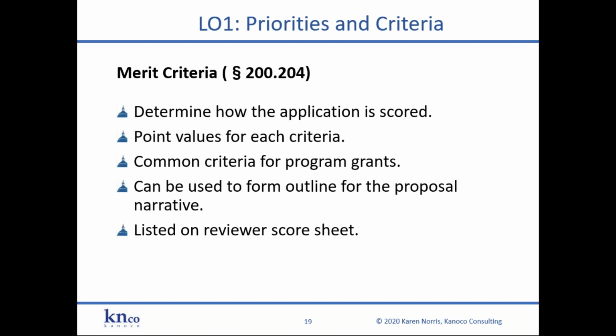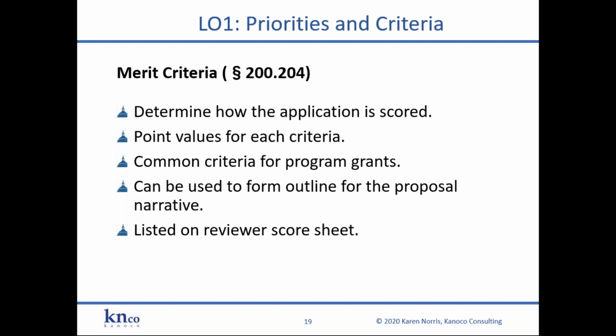The merit review criteria are described in the uniform guidance under section 200.204. Now that provision will define them and tell you how they're used, but it won't list the particular merit criteria.